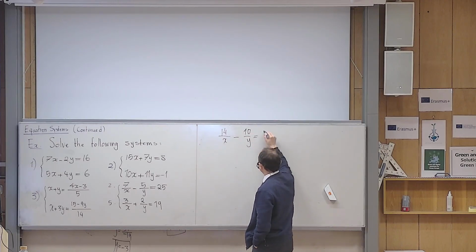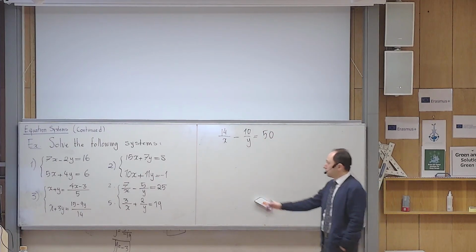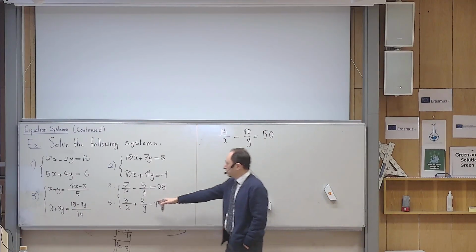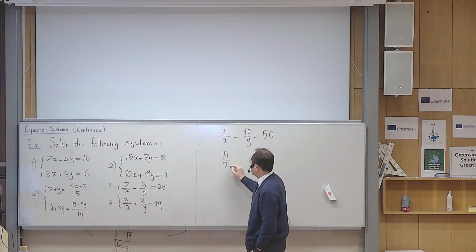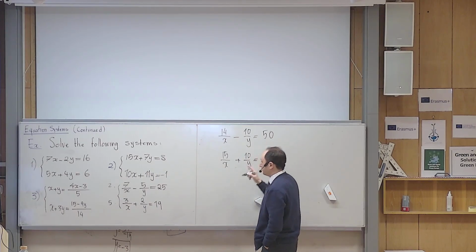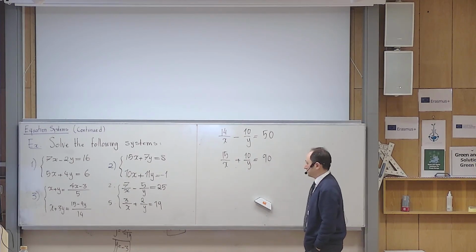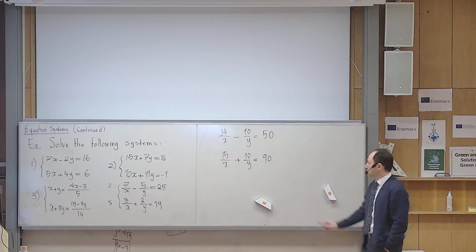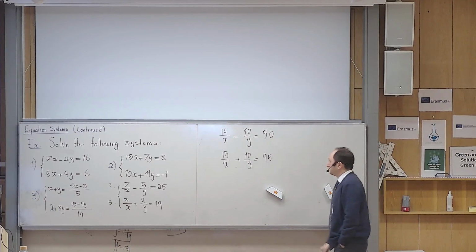The other one is 50 because I multiplied everything by 2. Sorry, the second one I multiplied by 5. So 15 over x plus 10 over y is equal to 5 times 19, which is how much? 95. Thank you. Okay, then what do we do?